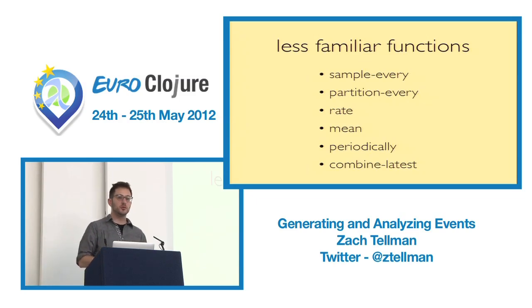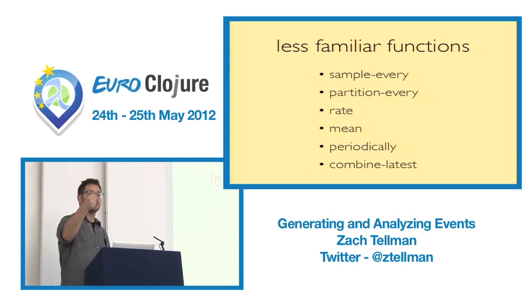There's periodically, which will, at set intervals, evaluate a function and emit the result. And finally, there's combine-latest, which takes n many channels and a function with n arguments, and every time a message is emitted from one of those channels, we'll reevaluate that function with the last n messages and emit that. So that's proper spreadsheet-style data flow.